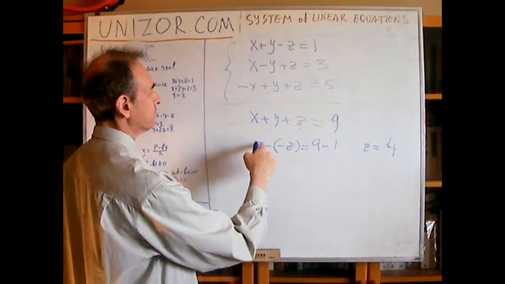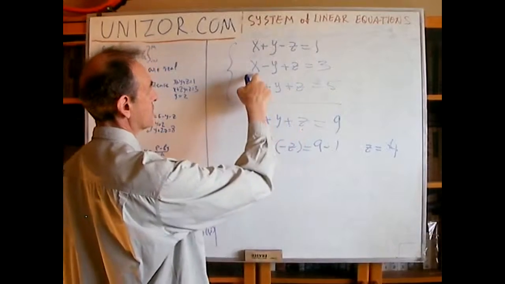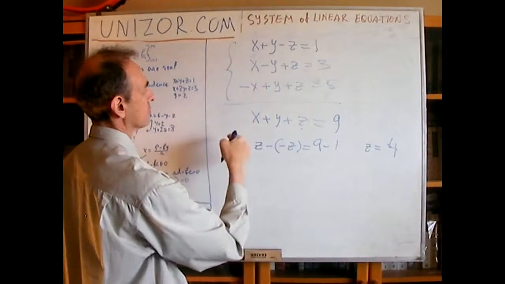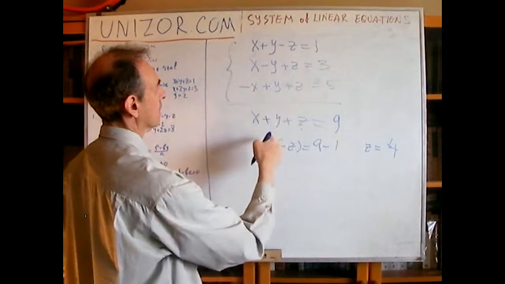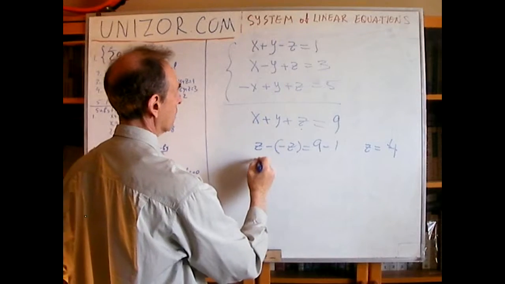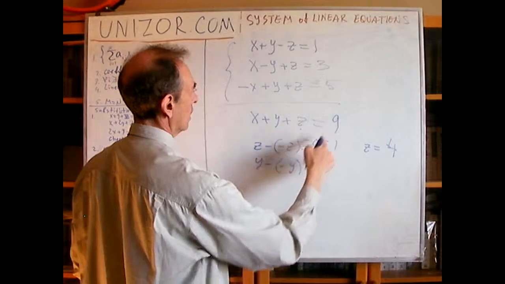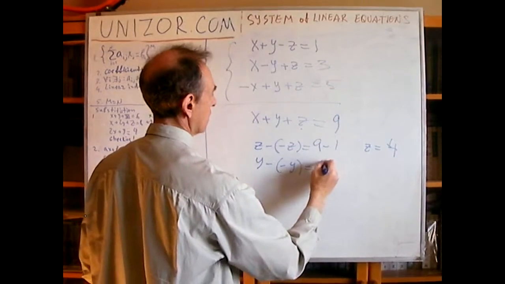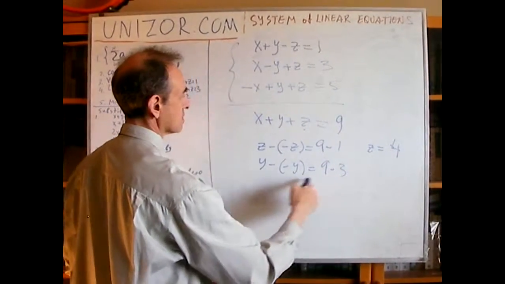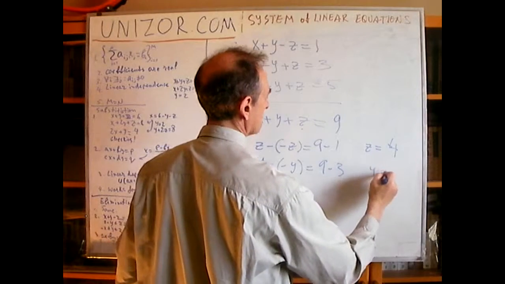Now, if from this I subtract the second equation, my x and z would eliminate each other, and I will have only 2y. I would have y minus minus y is equal to 9 minus 3, which is 6, so 2y equals 6, and y is equal to 3.